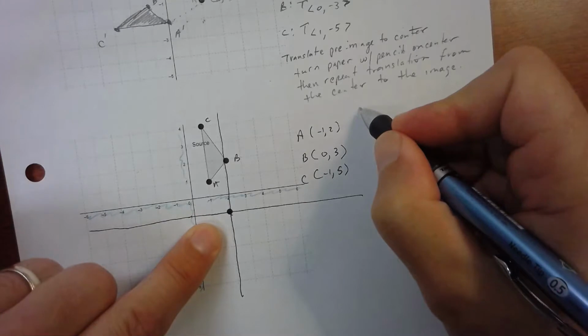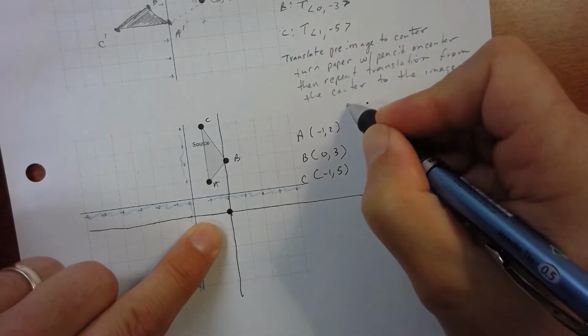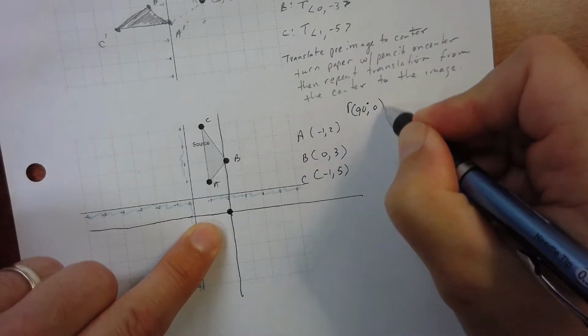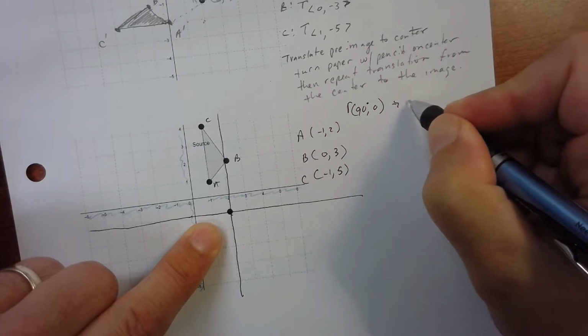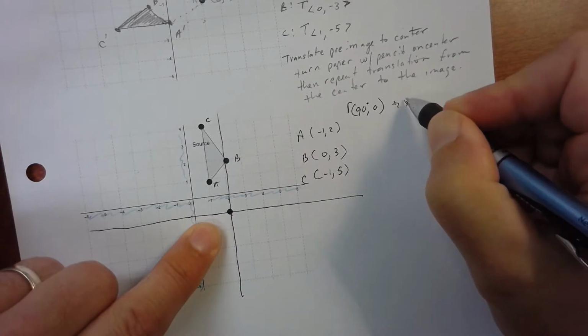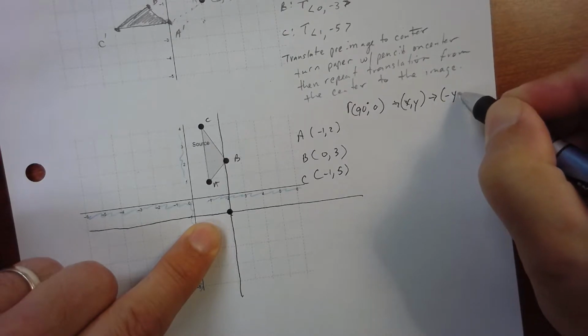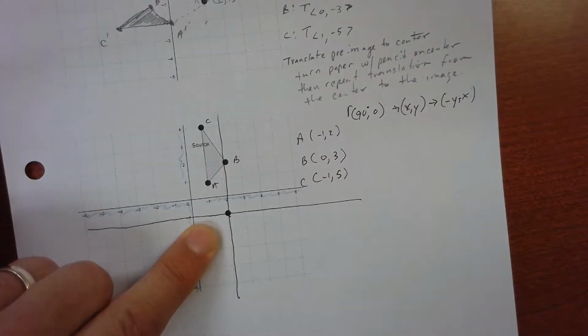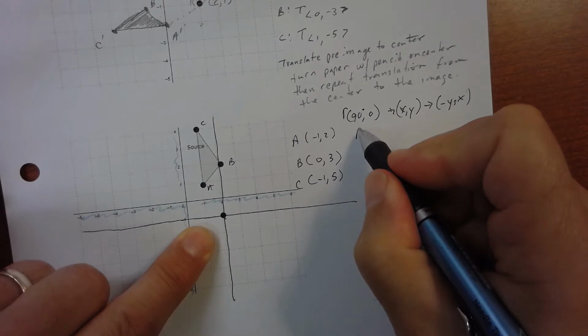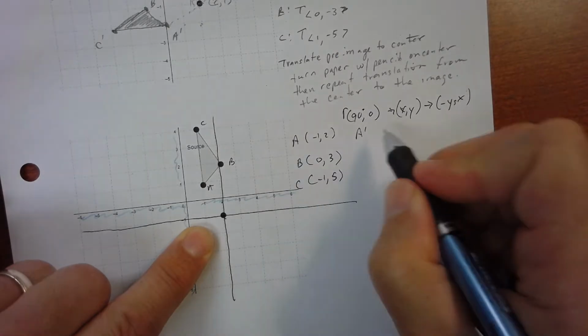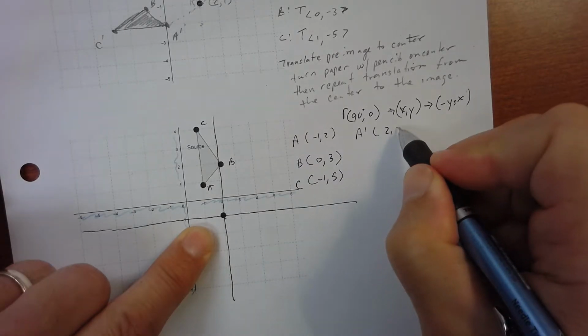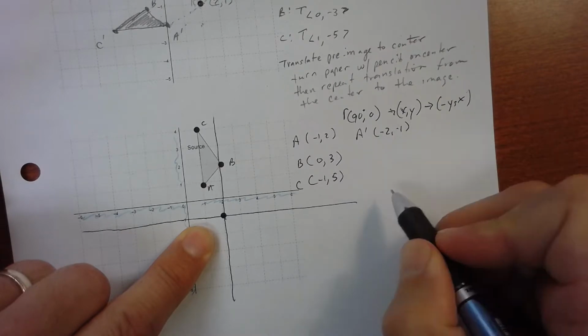Now, I think we all know 90 degrees rotation about the origin. We simply take (x, y), right? And we turn it into (-y, x). So our new A, we flip it and change the first one, so to -1.